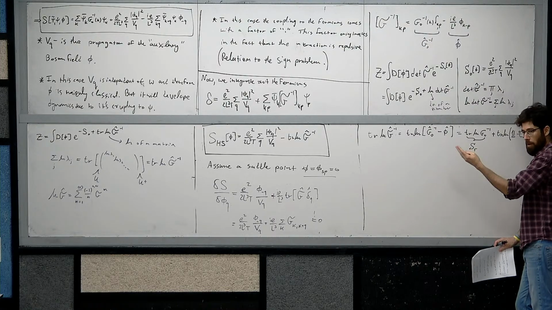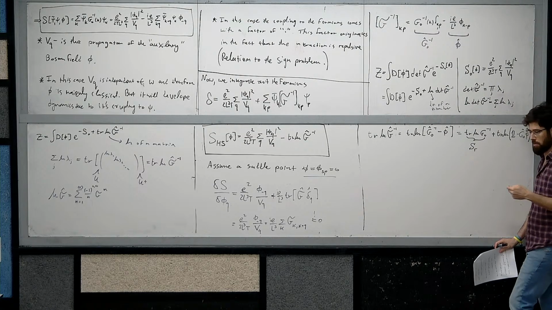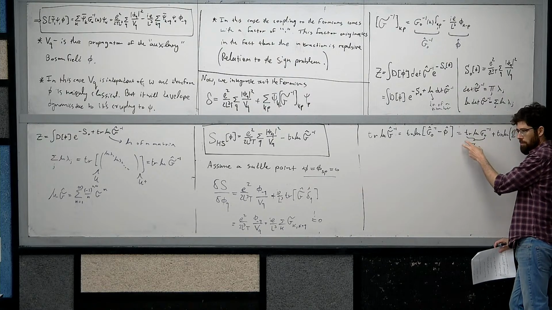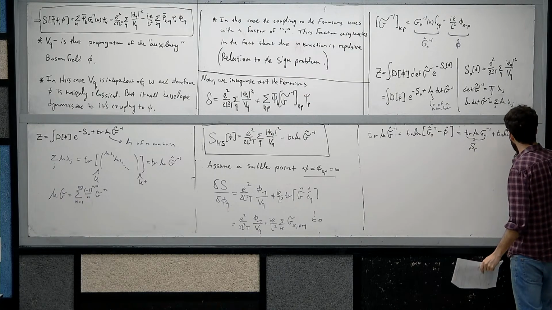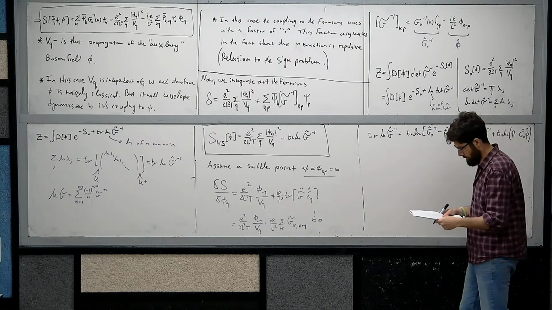And way back when we learned how to perform this path integral, when we did Matsubara sums and all that, that's how I can interpret this part. So this part is just the action of the fermions without the field. And this guy gives us all the corrections due to the interaction between them.